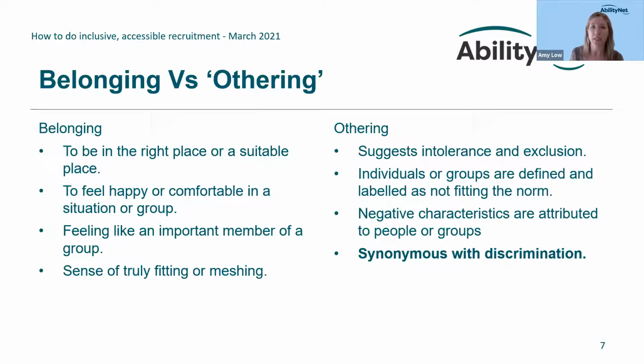We found some dictionary definitions for othering as well, which suggest intolerance and exclusion. Individuals or groups are defined and labelled as not fitting the norm or having negative characteristics that are attributed to groups or people. And actually, othering is really a synonym of discrimination.